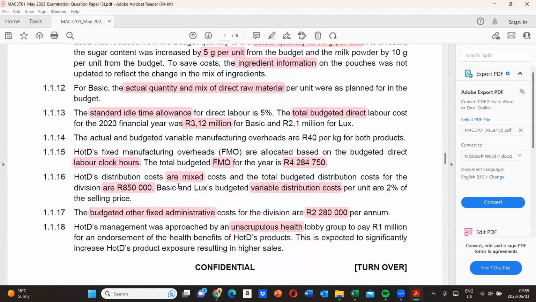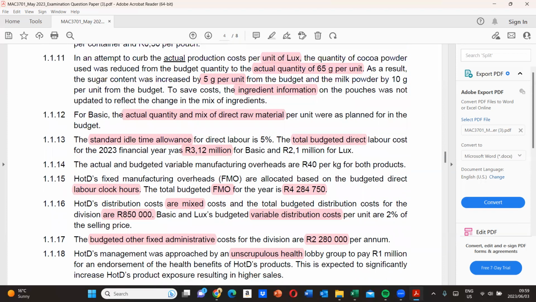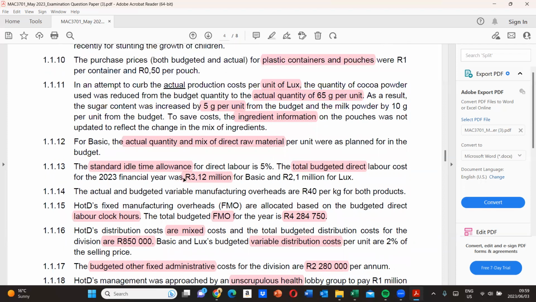They're budgeted to pay 3.12 million of basic, the labor cost.